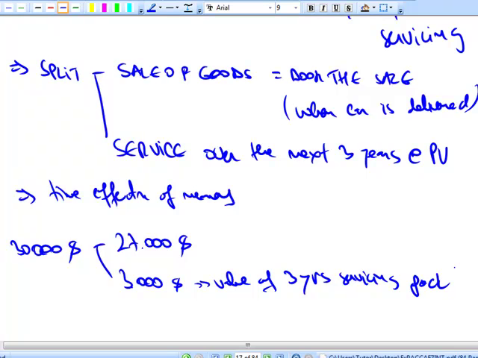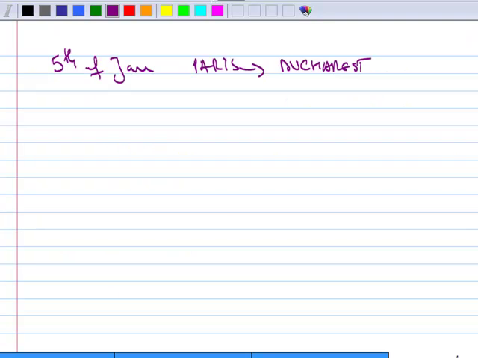So the company is allowed to recognize as revenue from selling cars 27,000 at the date the car is actually delivered. So, sale of goods, they will be showing 27,000.